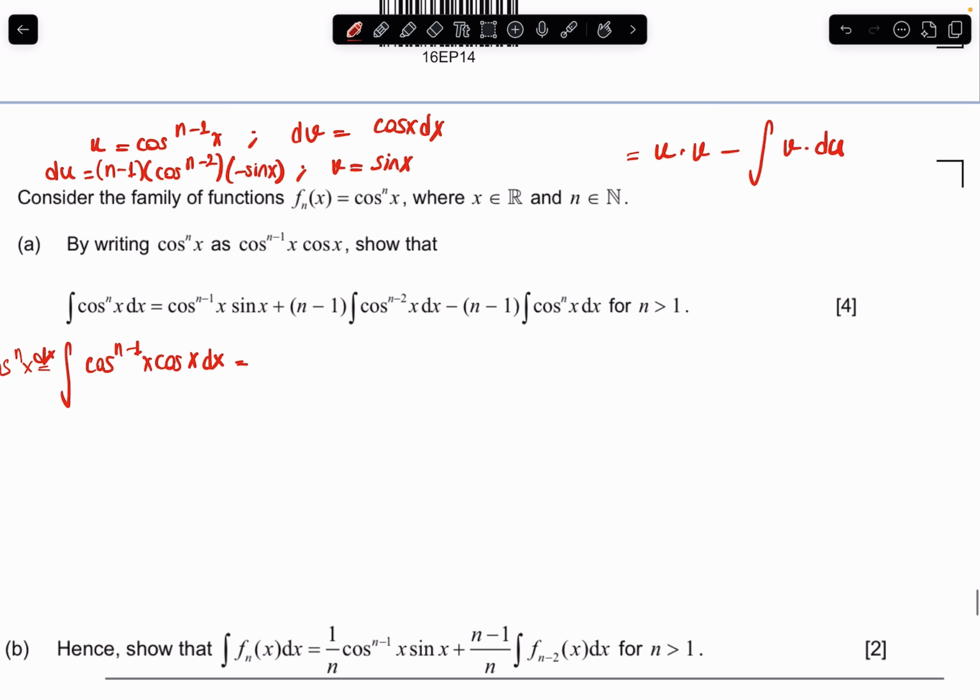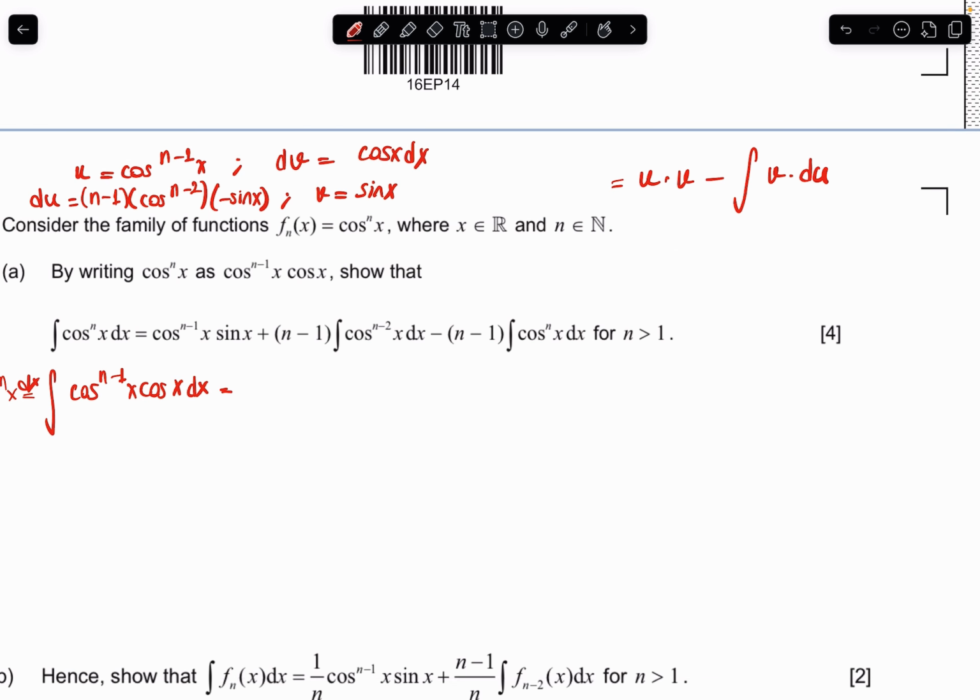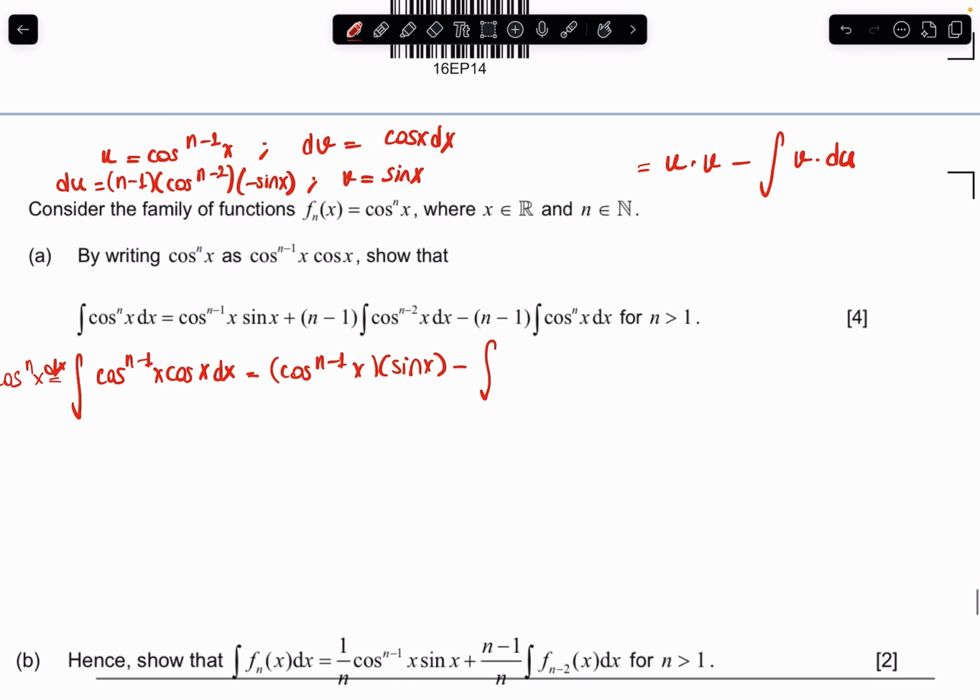So if I write it out, it's going to be cosine^(n minus 1) x times sine x, minus the integral of sine x times minus (n minus 1) times cosine^(n minus 2) x, I'm sorry I forgot that, and sine x.